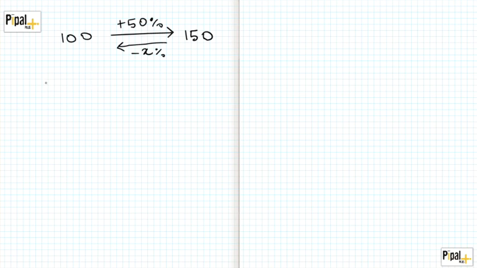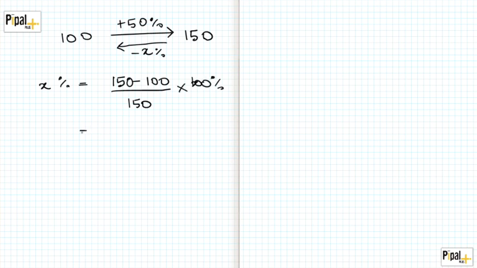Now, this X percent can be computed as follows. X percent is going to be the difference that I want to come back, and I put a negative sign here already, so I'm not going to do 100 minus 150, I'm just going to do 150 minus 100. This is the difference that I want to come back. However, the new base is 150, and multiply this by 100%.